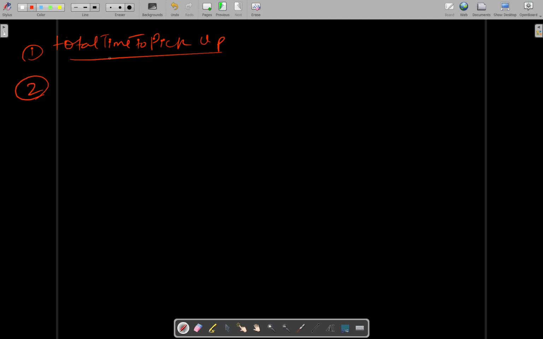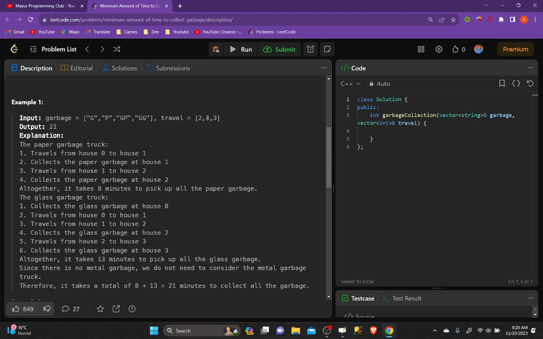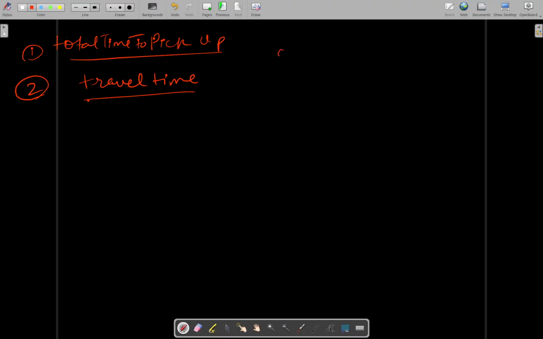And then you can take another variable and name it time taken till now, or say travel time. Travel time will be nothing but the running sum of the travel times as you visit the garbage array from left to right.